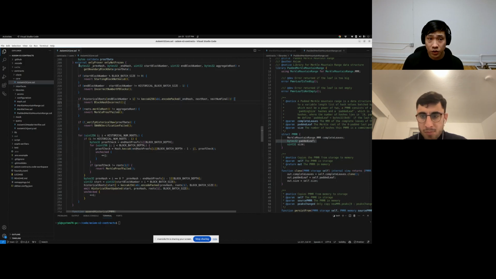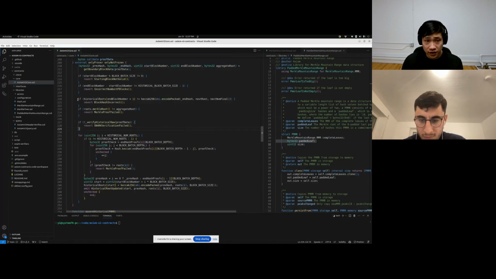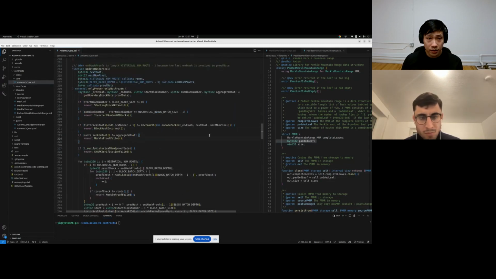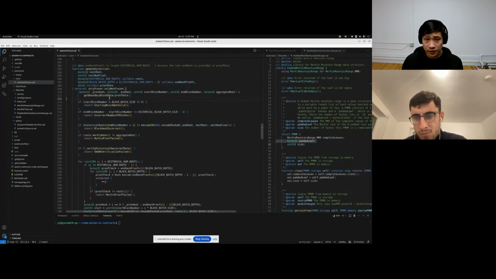Basically, we're proving something about a string of block headers, and to make sure that it actually has something to do with what we're checking on chain, we need to check that we've already authenticated the end hash either through the block hash opcode call or through a zero knowledge proof. This check makes sure that we've already committed to this end hash in this historical roots mapping. All of these make sure that what we are proving in this ZKP actually has something to do with the block hashes on Ethereum.